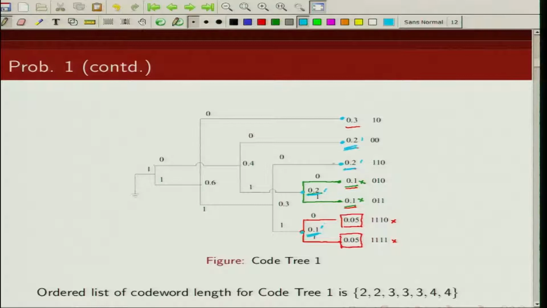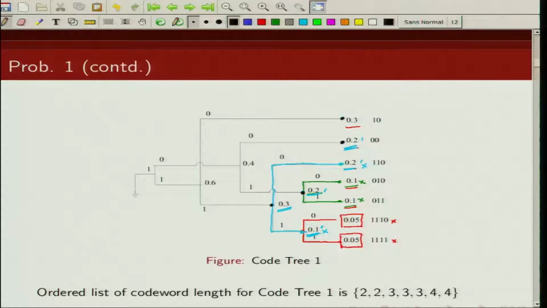In this example, I'm just combining with this one. I get a new node whose probability is 0.3, and I deactivate these two nodes. So at this point, my active nodes are this one, this one, this one, and this one.